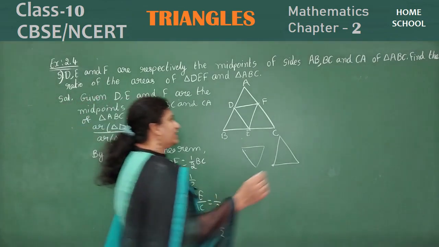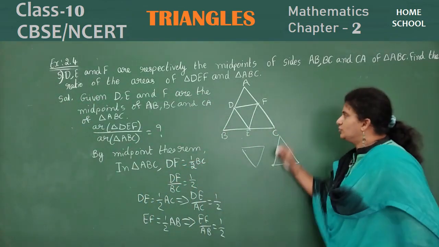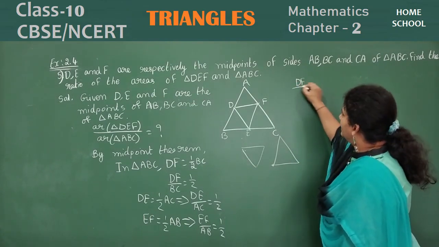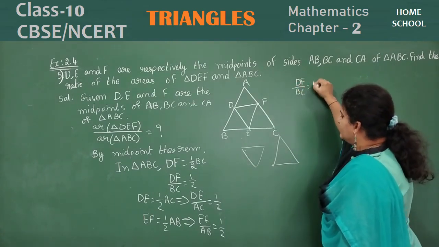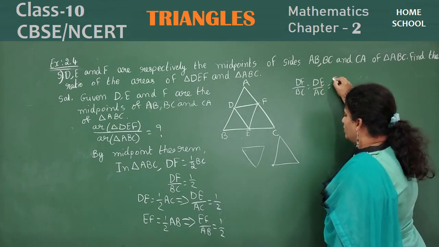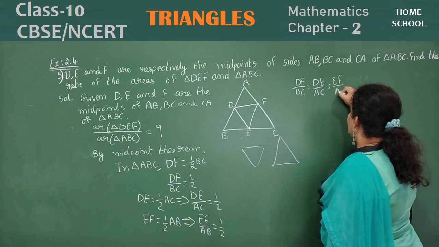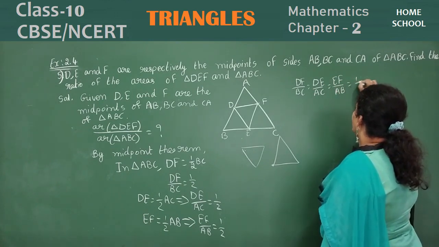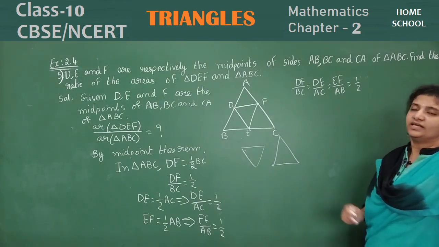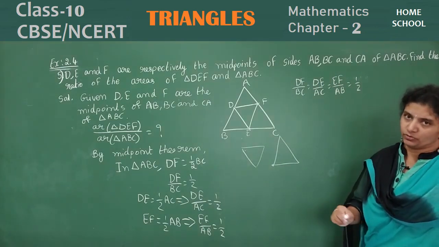That makes the ratios in proportion. Therefore, I can say that DF by BC is equal to DE by AC is equal to EF by AB, all equal to 1 by 2. So therefore, these ratios are in proportion.